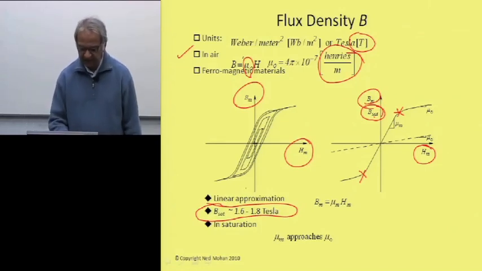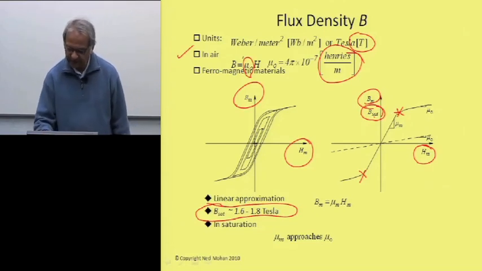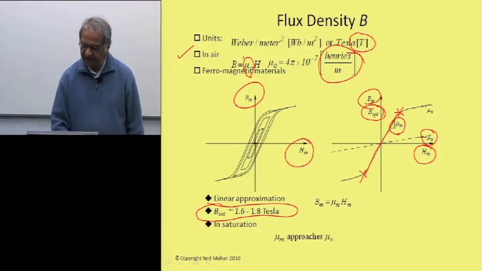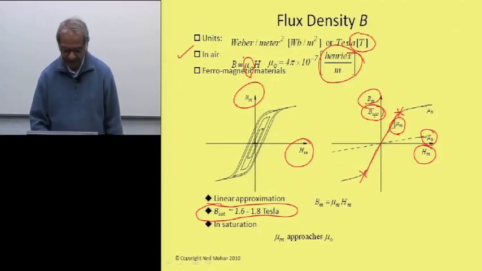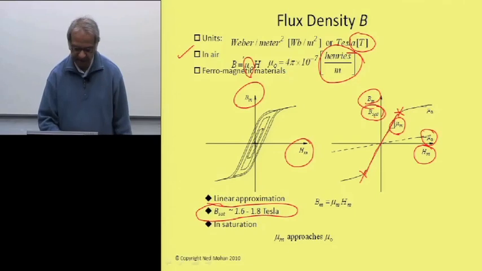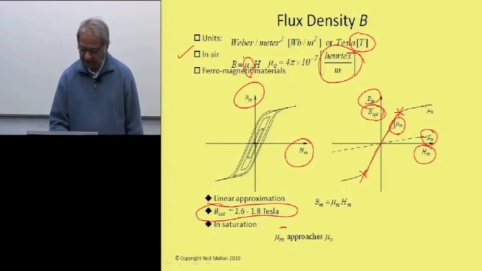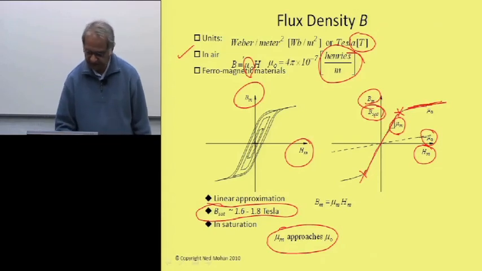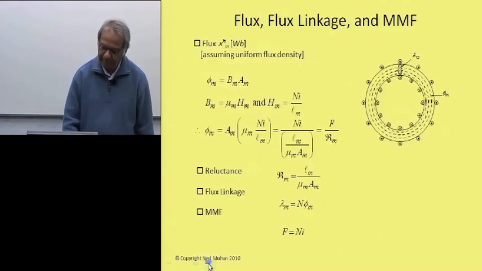But before we reach that, we can make this linear approximation that this permeability is mu sub m, which is the slope of this characteristic, and we relate that to that of air, which is mu naught over here, and which is the slope of this dotted characteristic. And in saturation, basically, this characteristic has a slope similar to that of air. So that's the meaning of this statement here.